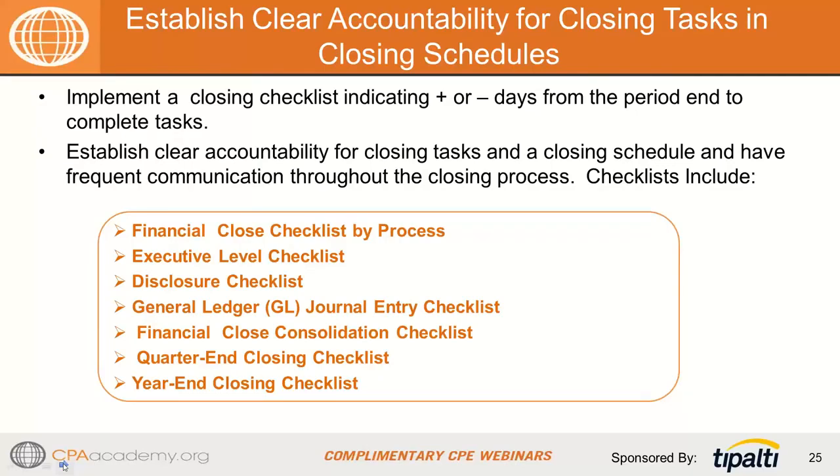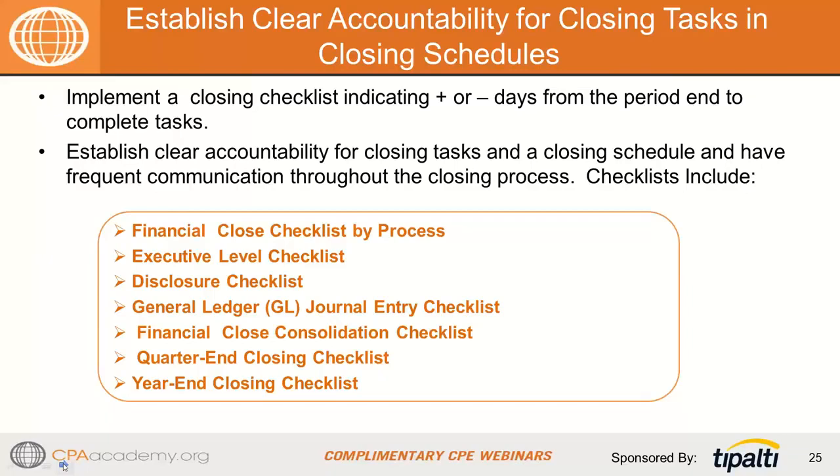at. If we look at moving to establishing that accountability for closing tasks and closing schedules, many companies implement a checklist indicating plus or minus days from the period end to complete the tasks. And to establish that clear accountability, you've got to have a checklist, and guess what? That's going to be communicated. And here are some suggested checklists to consider.